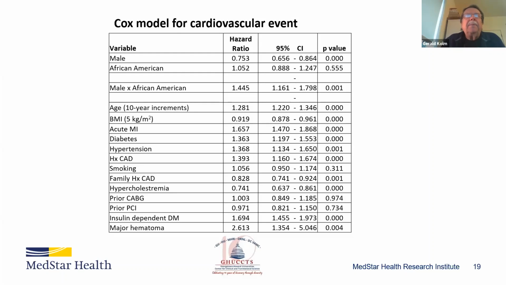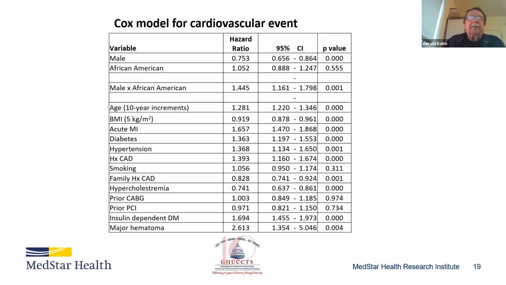And then BMI, for example, is sort of the opposite interpretation. Here for every 5 unit increase in BMI, the hazard rate is actually about 8% less.